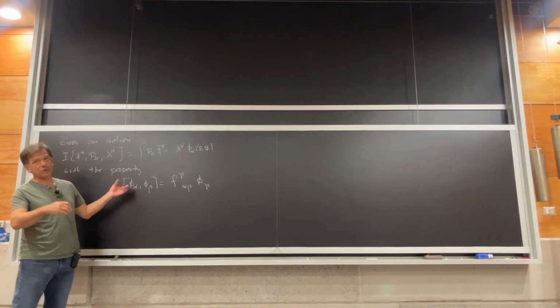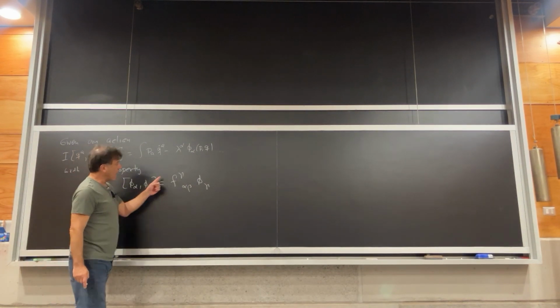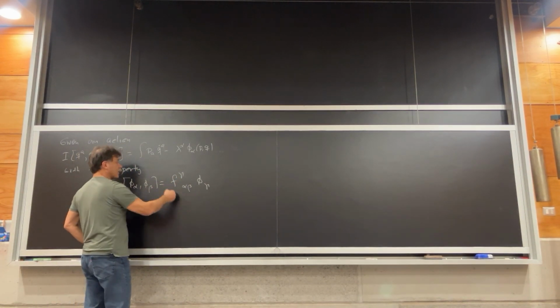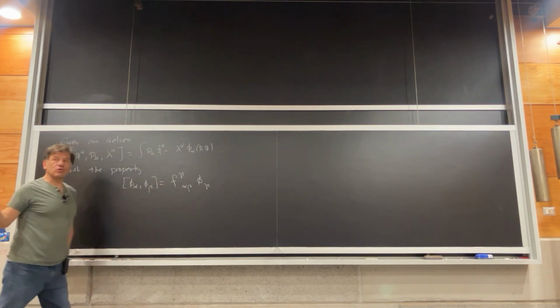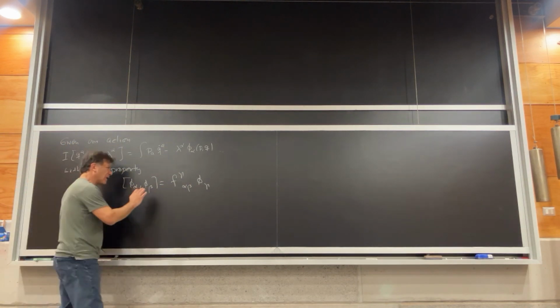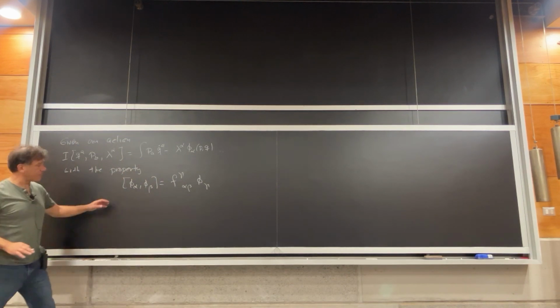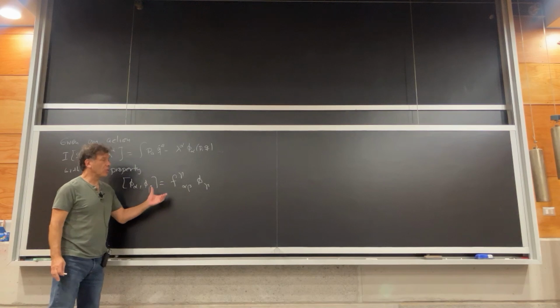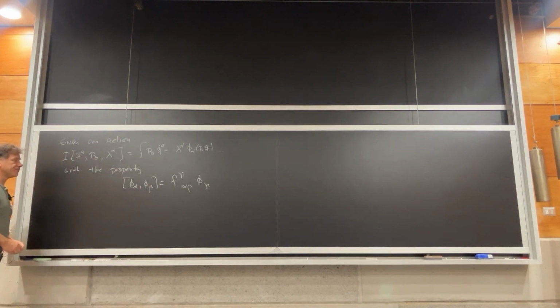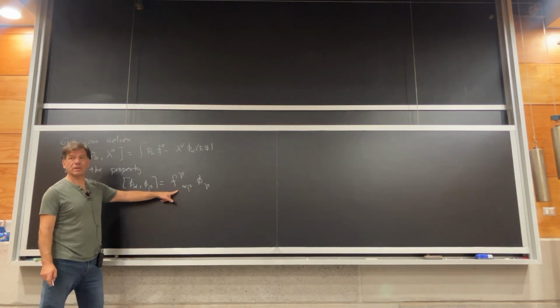It's the derivative with respect to the p's and the q's, but this is an anti-symmetric combination. And these are called the structure constants. They can even be functions. It's not too relevant. I mean, there are some regularity conditions you need to impose here, but let's leave that aside. And let's assume they're constants, which is the most normal case. But it's not always the case. For general relativity, for example, these are not constant. They depend on the metric.